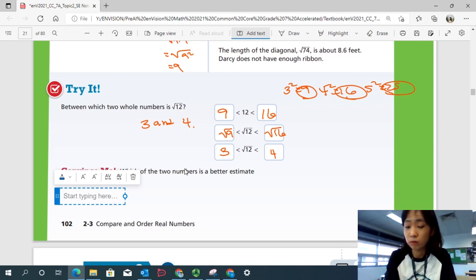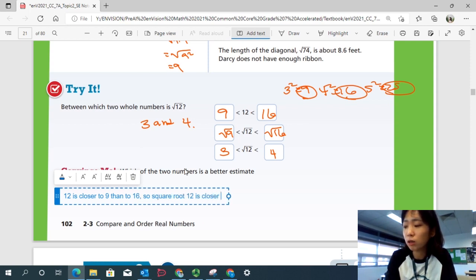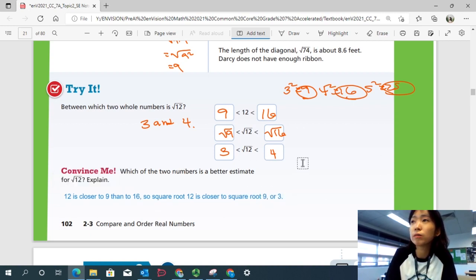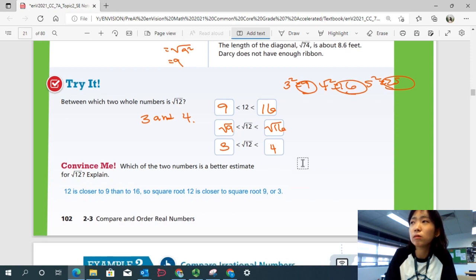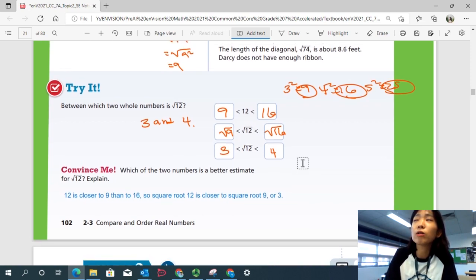So you can say 12 is closer to 9 than to 16. So square root 12 is closer to square root 9, or 3. Okay, this is how you approximate your values for square roots that are not perfect squares.